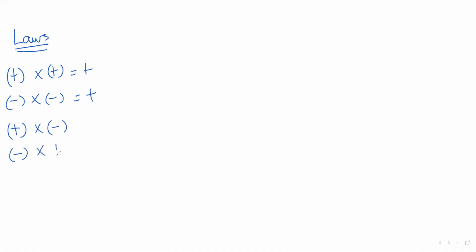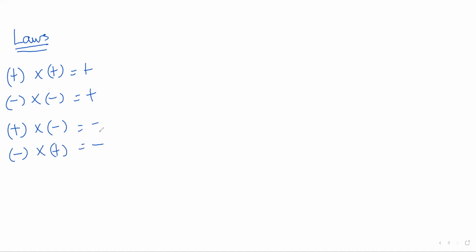A positive multiplied by a positive is a positive, a negative times a negative is a positive, and then a positive by a negative and a negative by a positive, when I say by, I mean multiply or times, both produce a negative result, right?